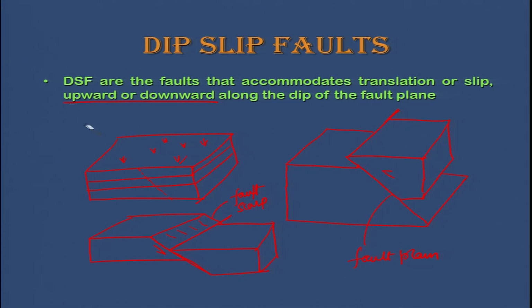If you are having dip slip movement, then mostly the movement is seen along the dip plane, either the block has moved up or the block has moved down. That you will classify as a normal fault or a reverse fault. In a normal fault, the block usually moves down, and in a reverse fault the block moves up. So upward and downward movement along the dip of the fault plane.